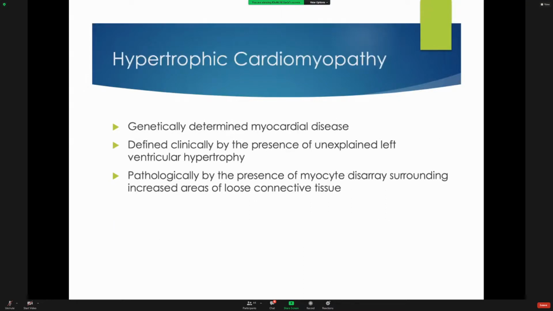Hypertrophic cardiomyopathy is one of the genetically determined myocardial diseases. It is defined as the presence of unexplained left ventricular hypertrophy, especially in a young population, and pathologically the presence of myocyte disarray surrounded by an increased area of loose connective tissue.